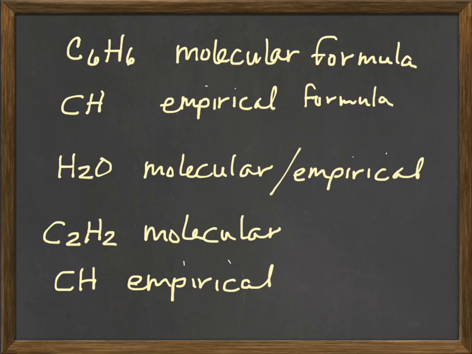But if it's something that can be reduced, let me think of another one. Like P2Cl6, is that an empirical formula? No. That's a molecular formula because that can be reduced to PCl3. This is definitely an empirical formula. Okay?